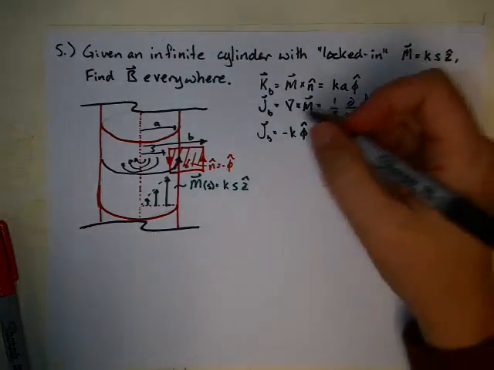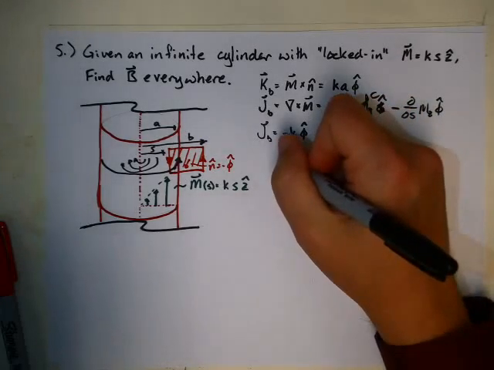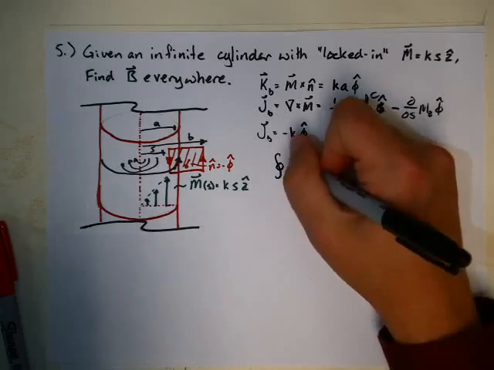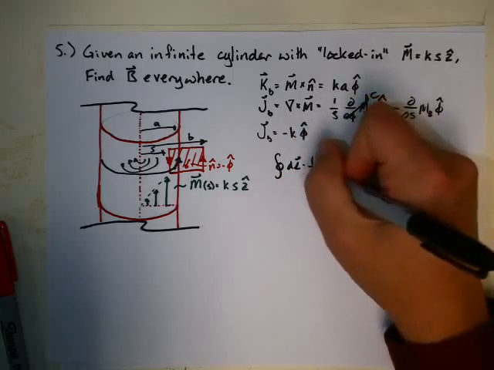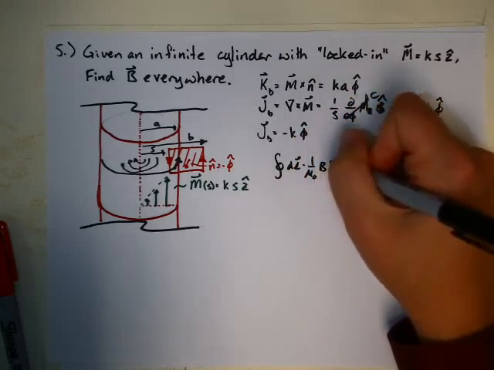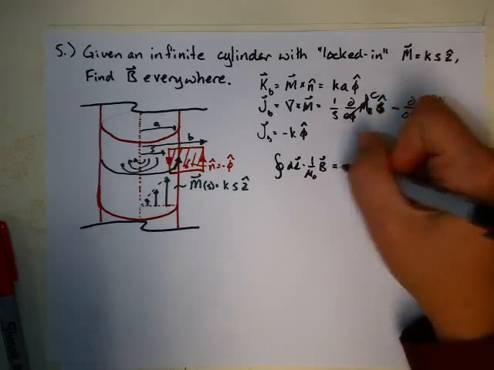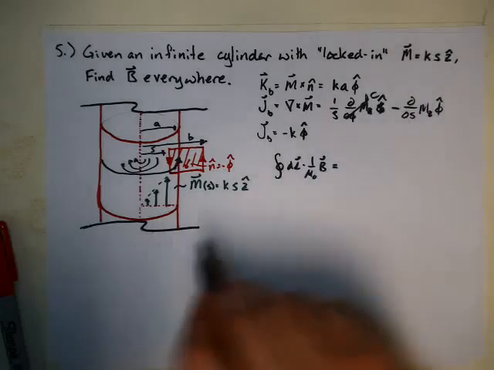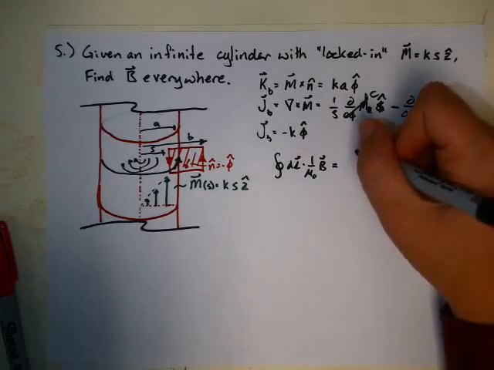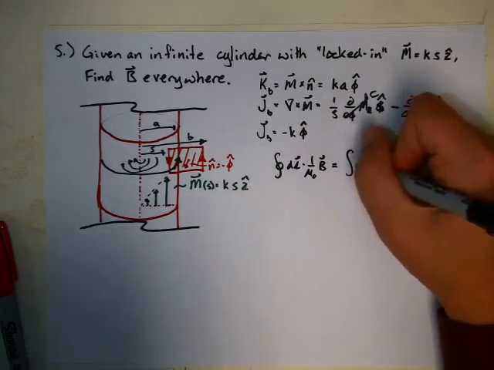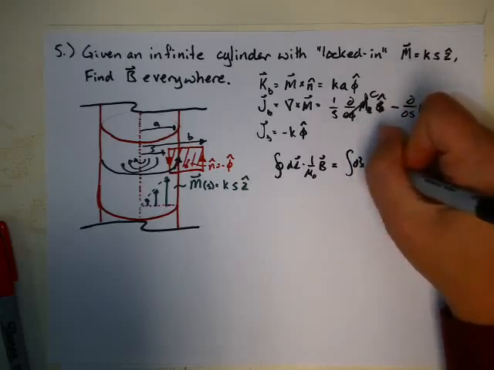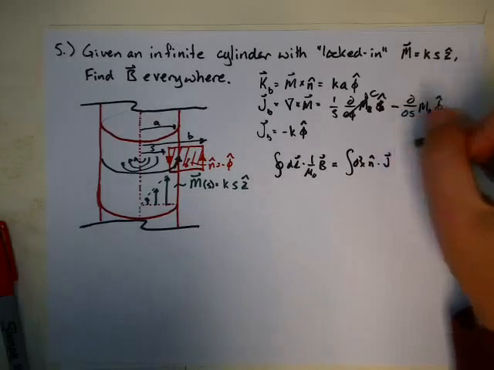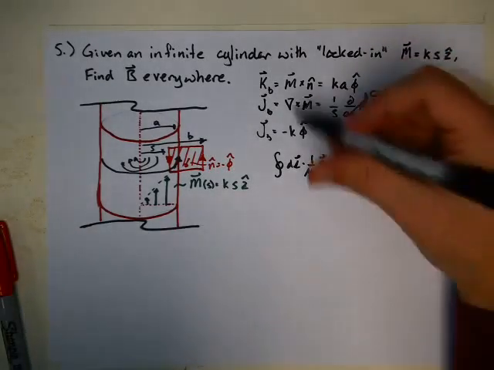Writing down Ampere's law for this system, Ampere's law is the integral over a closed loop of dl dot 1 over mu naught times the magnetic field, which is equal to the current enclosed, the integral of da n hat dot J. Here we're going to use the J bound and the K bound.